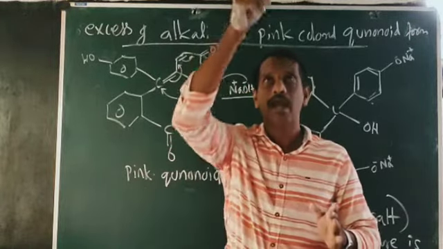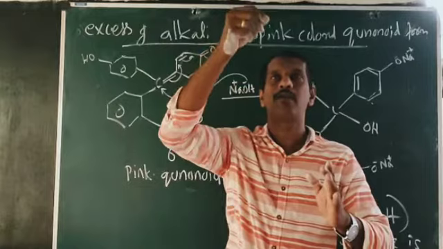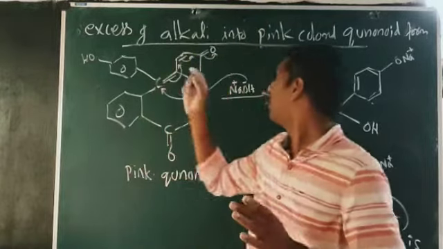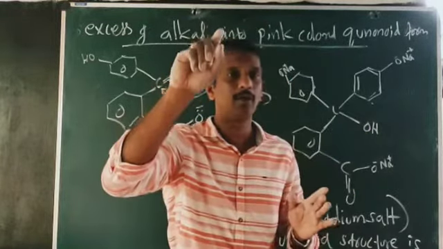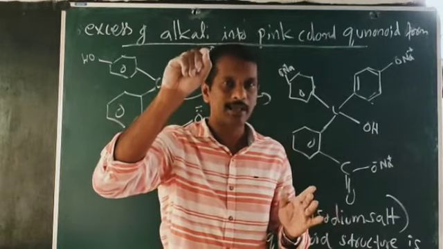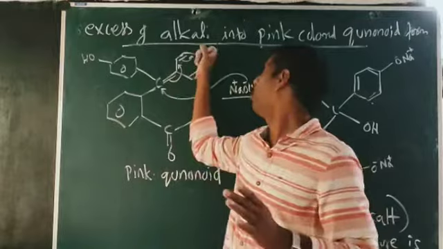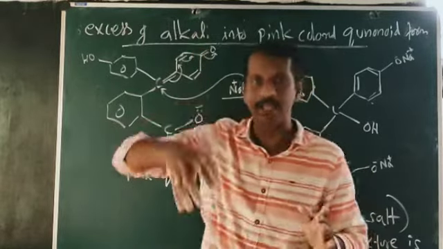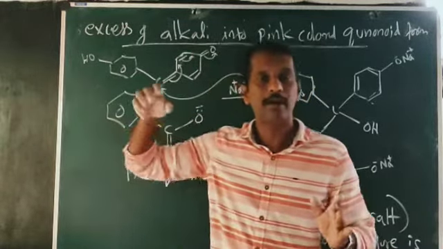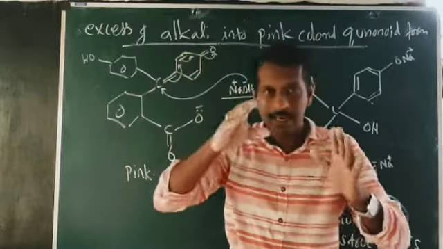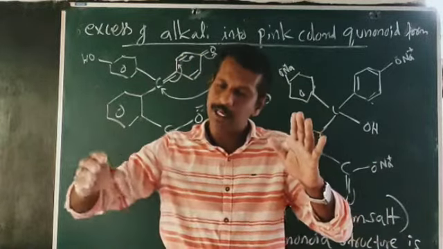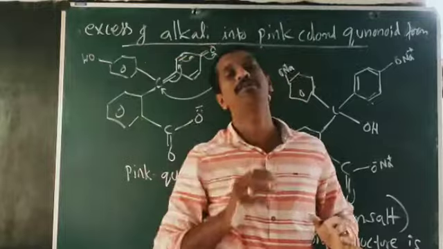Then when you add acid from the burette, what will happen? That OH, the O minus in the quinonoid form, this O will take H plus from the acid. The bond will break, and it will change back to the benzenoid form.